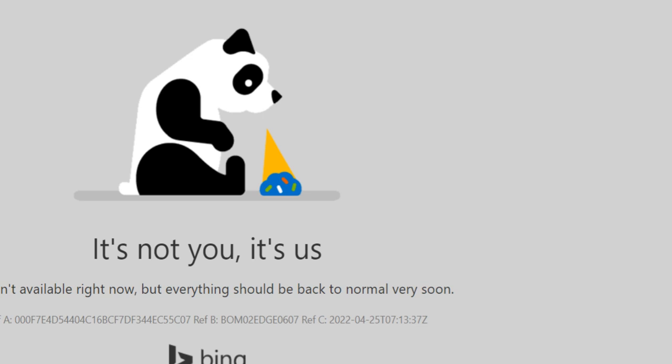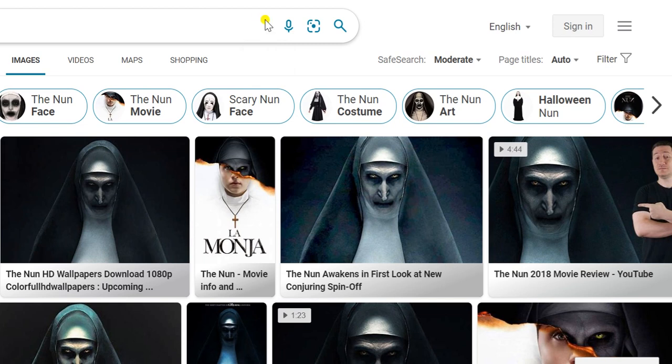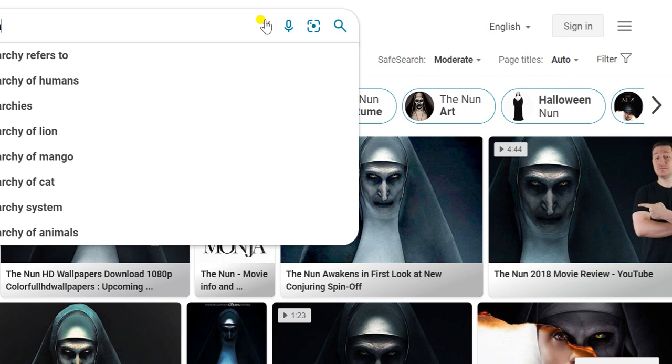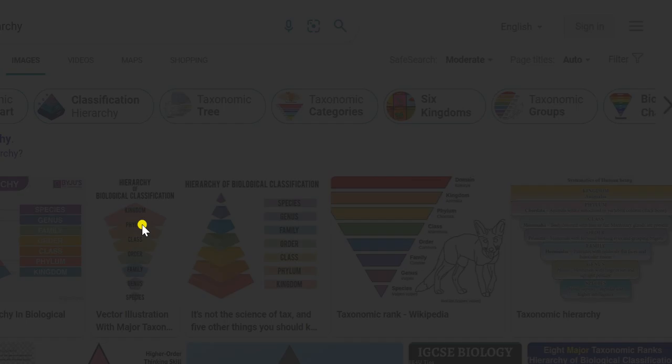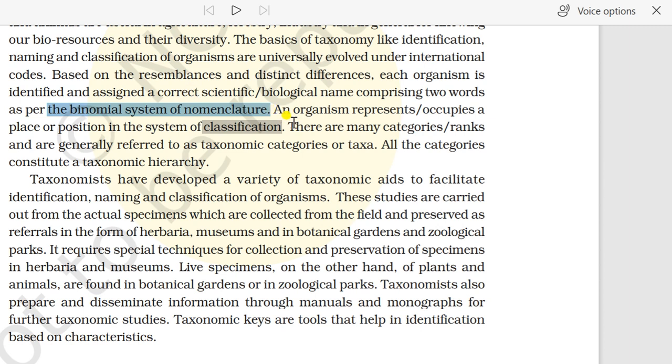We have kingdom, phylum, class, order, family, genus, species. According to this, all of these animals are classified.